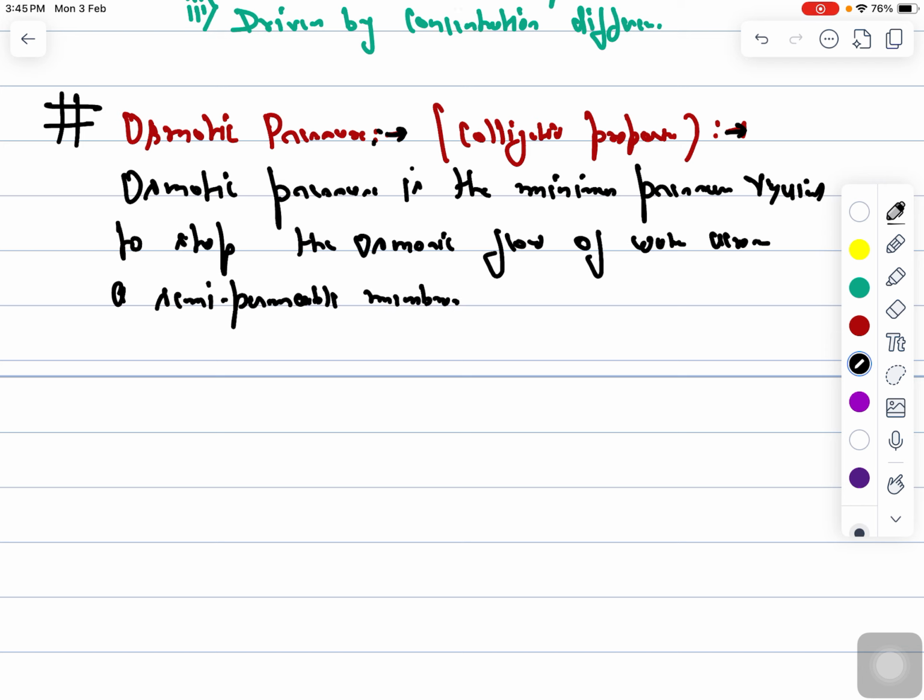Okay, so mathematically, this is a colligative property, meaning that it depends upon the number of solute particles, not their identity.